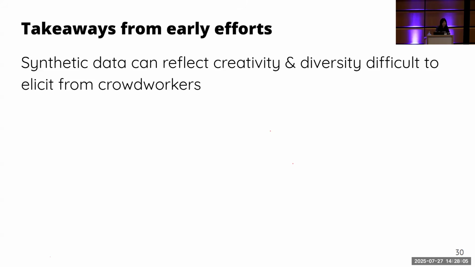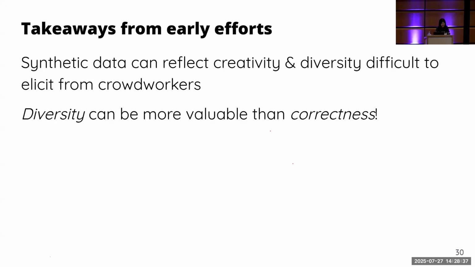Instead, if you're paying them to write examples with a particular instruction, they'll naturally find the easiest way to do that as fast as possible. And this often means developing easy heuristics or patterns and then collapsing into those and producing very repetitive data. So by simply using language models and diversifying your prompts and sampling a lot and being clever with the entire pipeline, you can create data that is very different than the kind we were able to achieve before with crowd working.